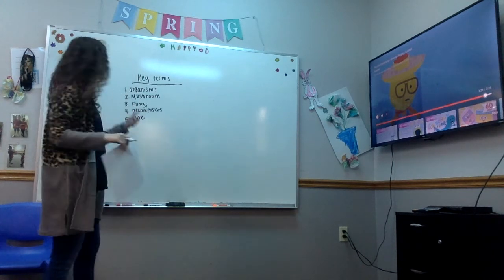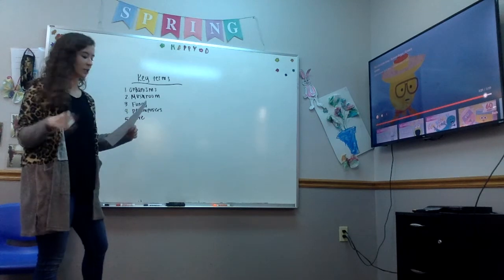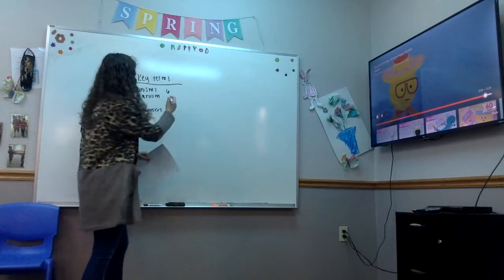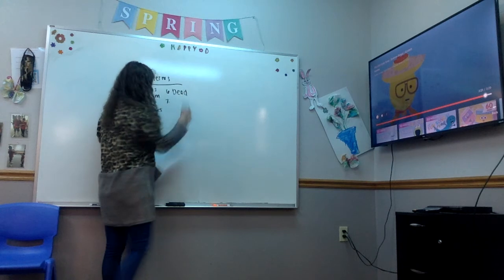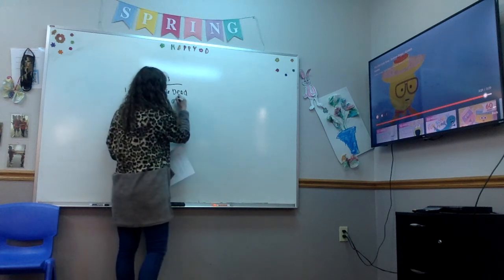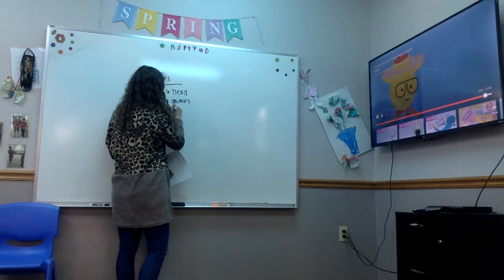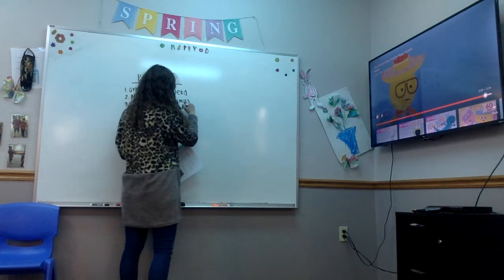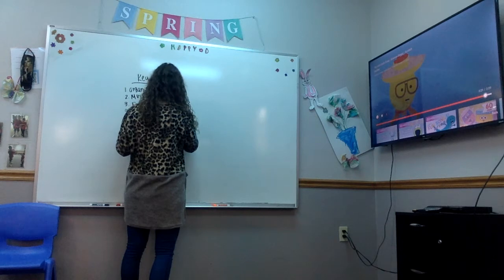And as of right now, you should have organisms, mushroom, fungi, decomposers, and alive as your key terms written down on your paper. Our sixth key term is going to be dead. Our seventh key term is going to be animals. Our eighth key term is going to be plants. And our ninth key term is going to be environment.